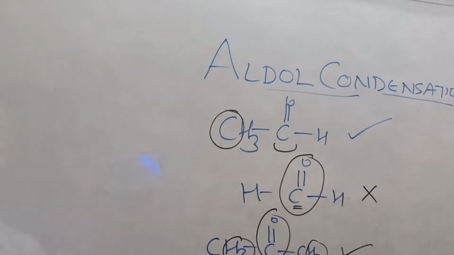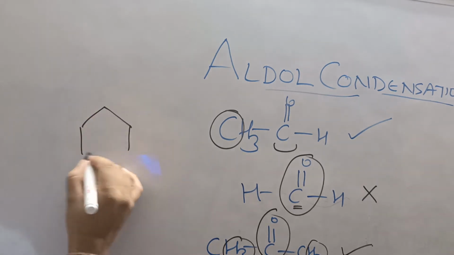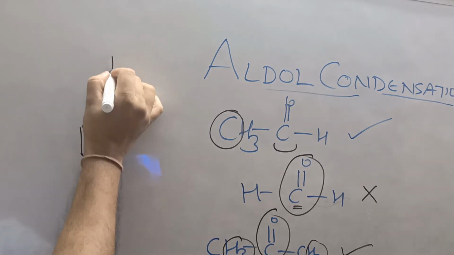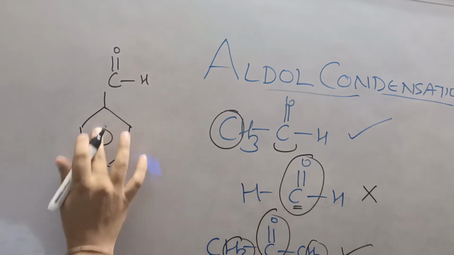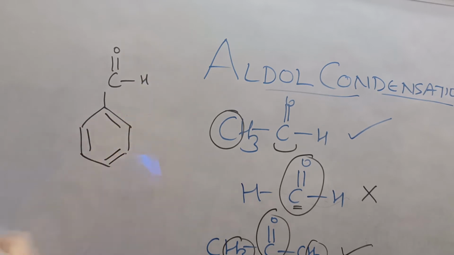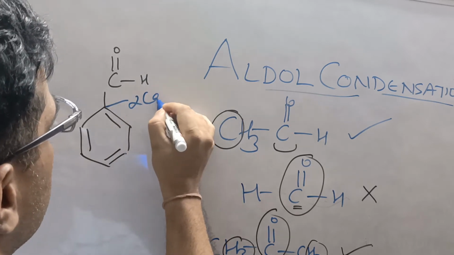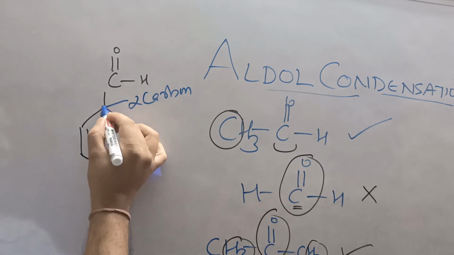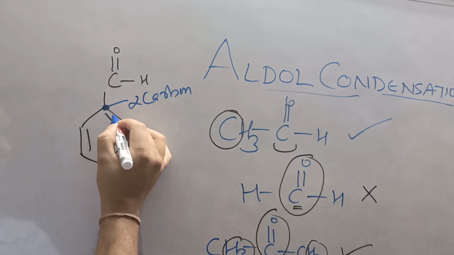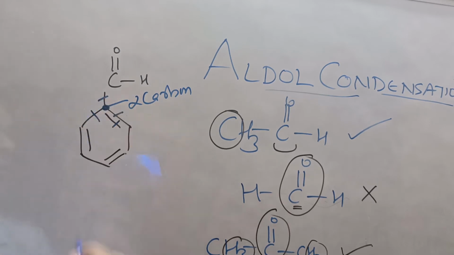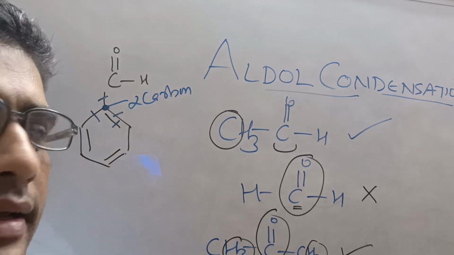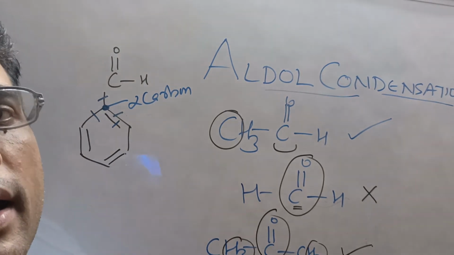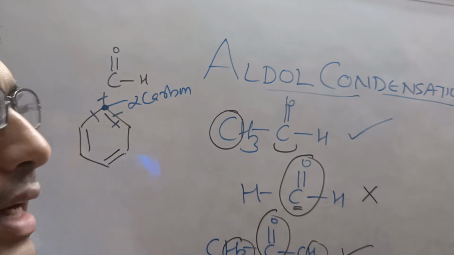Take one more example. This is benzaldehyde. Where is alpha carbon? This is alpha carbon. Now this alpha carbon is already attached with 1, 2, 3, 4 bonds, and there is no hydrogen attached to this alpha carbon.